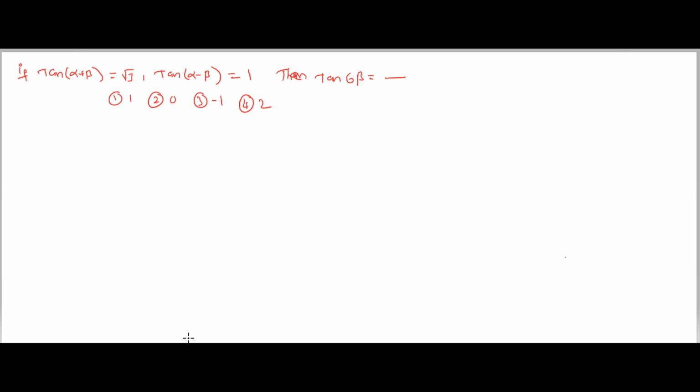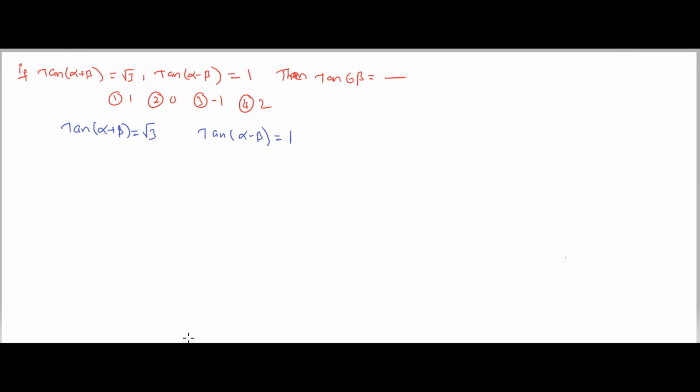If tan of (alpha plus beta) is equal to root 3 and tan of (alpha minus beta) is equal to 1, then tan 6 beta is equal to dash. Here it is given tan of (alpha plus beta) is equal to root 3 and tan of (alpha minus beta) is equal to 1.